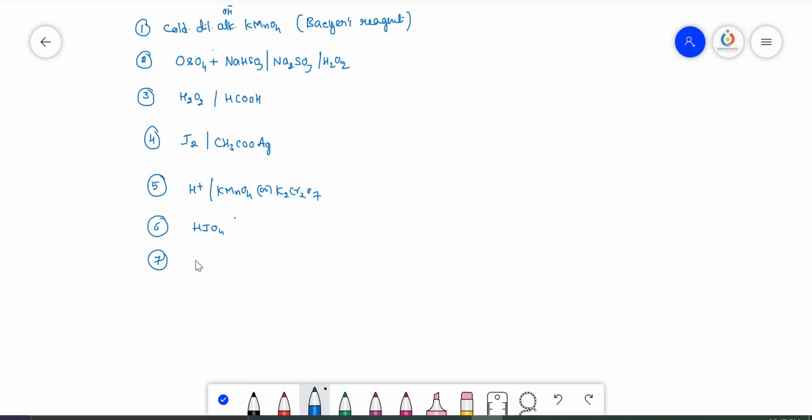The seventh one is lead acetate. The eighth one is NaIO4; these three have almost the same properties. And apart from this, there is one more, PdCl2 plus H2O.